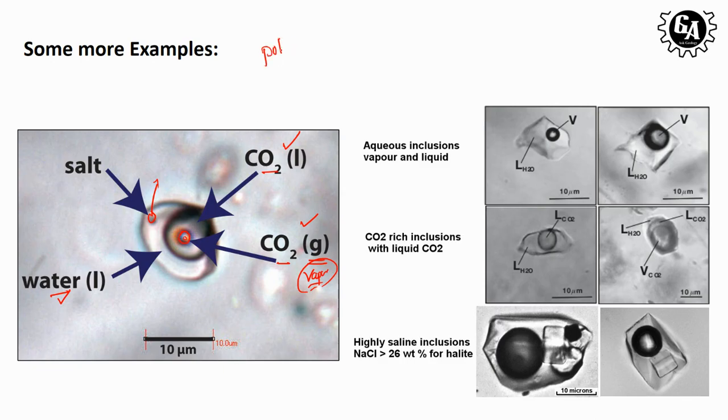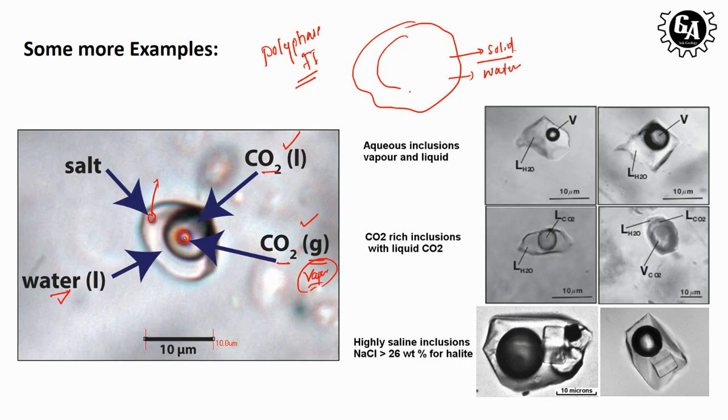If it is a polyphase fluid inclusion, then at the outer periphery there will be solid, then water, then further inside liquid carbon dioxide, then further inside vapor carbon dioxide.